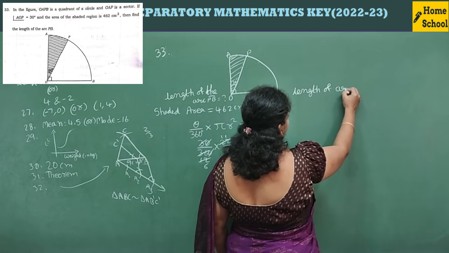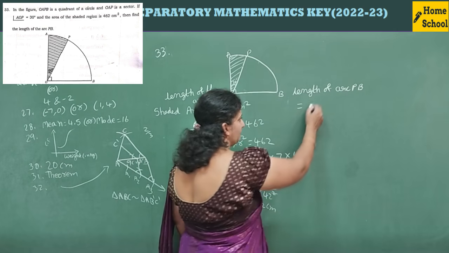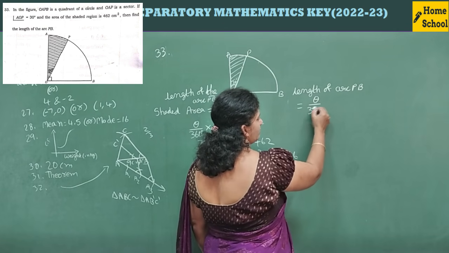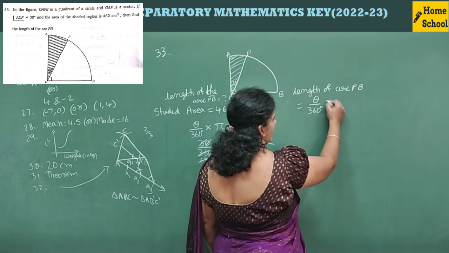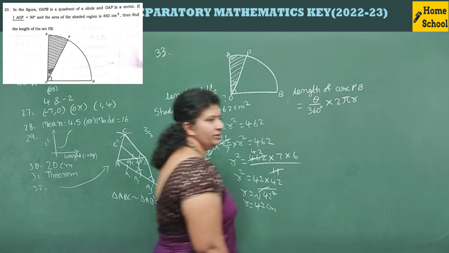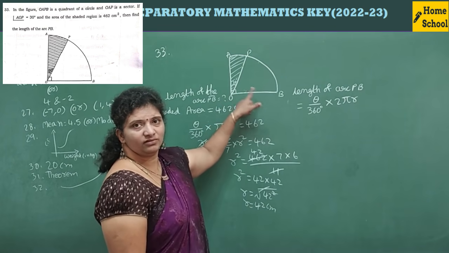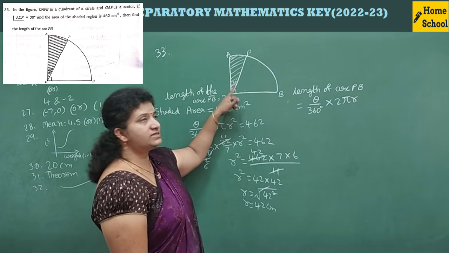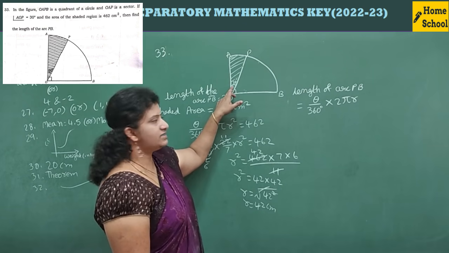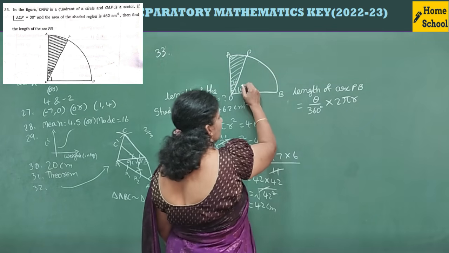Length of arc PB is equal to, what is the formula? Theta by 360 degree into the length, meaning 2 pi r, you should remember. What is the angle you have, children? This is a quadrant, 90, and this is 30. 90 minus 30, it will be 60 degrees.